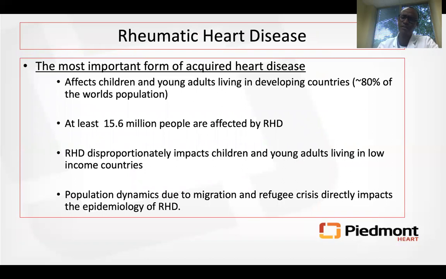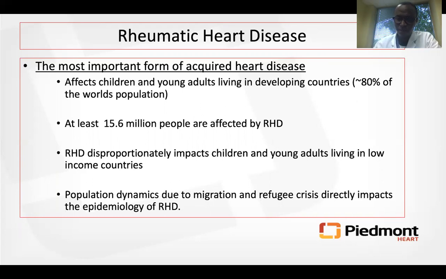When you talk about rheumatic heart disease for the purpose of this talk, I talk more about it because I think that's probably what will help you the most, because that is what you will be seeing the most back home. It affects children and young adults living in the developing world, which is about 80% of the world's population.